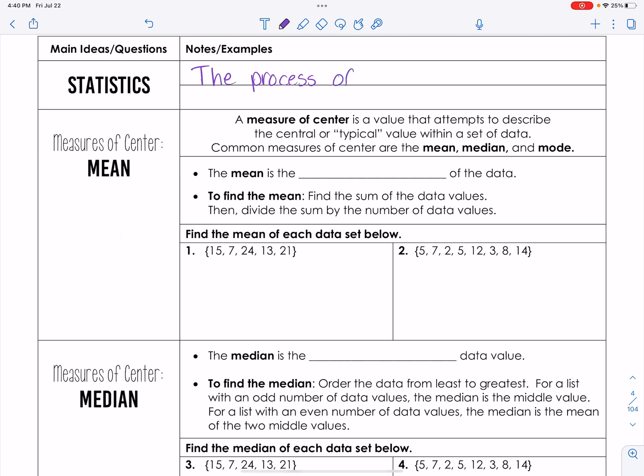So statistics is the process of collecting, organizing, analyzing, and interpreting data. Big words.